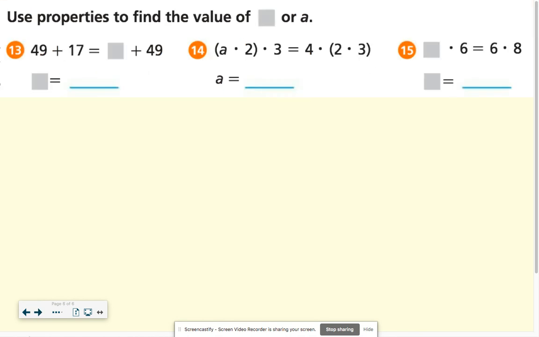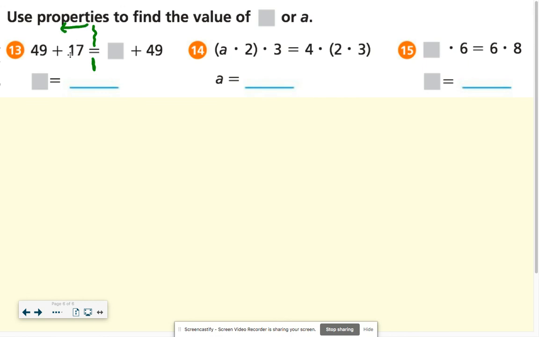Sometimes they're going to put in a box or the variable. Again, both of these are variables. This is a symbol, this is a letter, and they both represent an unknown number. So I like to kind of draw a line where I see the equal sign.